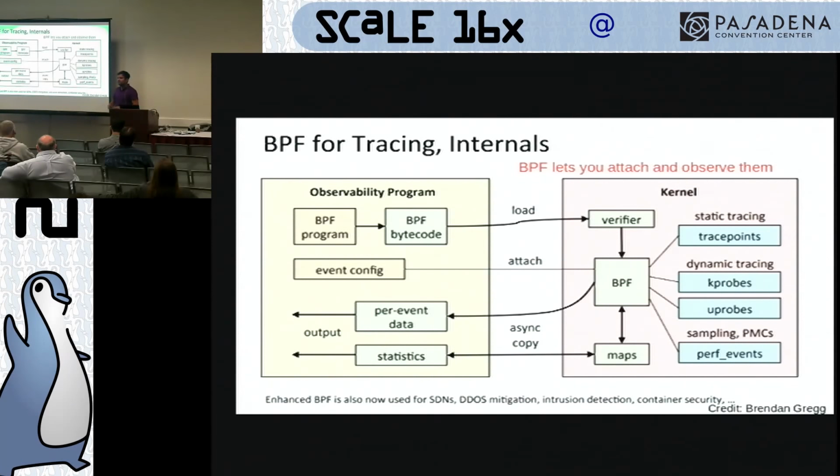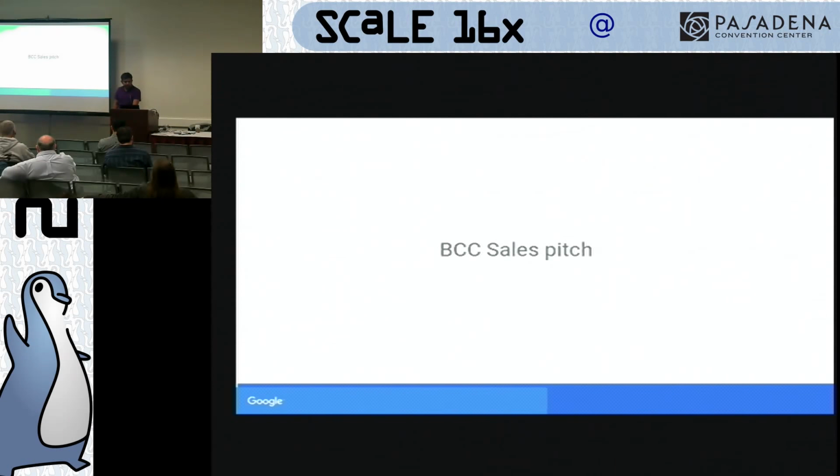And it also has a set of libraries written in Python and stuff that can read the maps and present the information to the user periodically. So BCC kind of makes it easy. The beauty of it is it does all this powerful stuff behind the scenes that you don't even know. Like when I ran FileTop, you didn't see any of that happening.